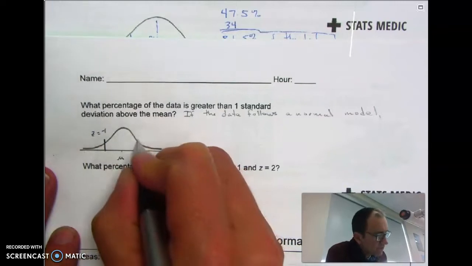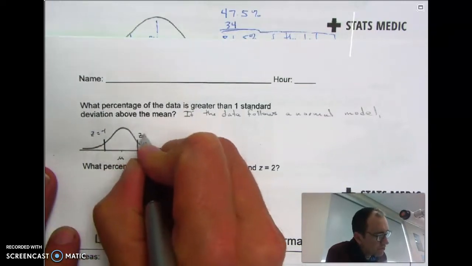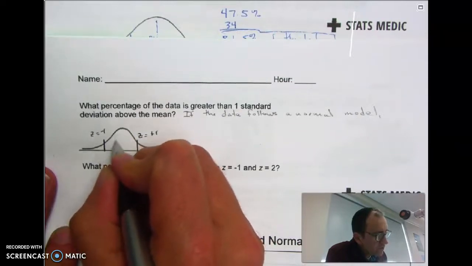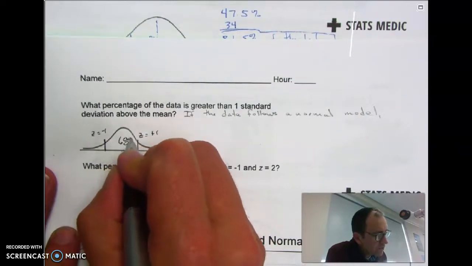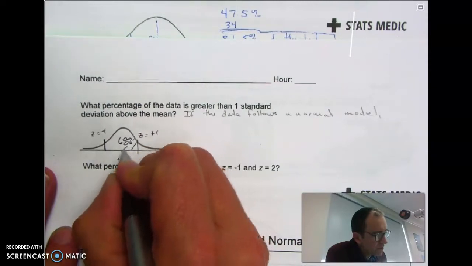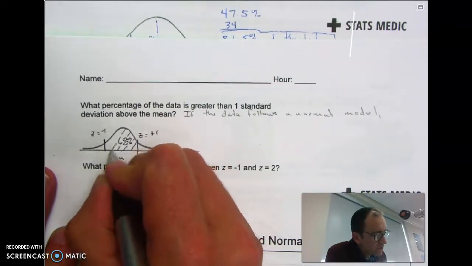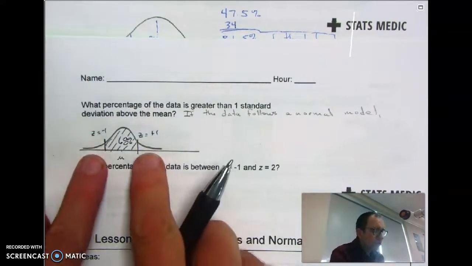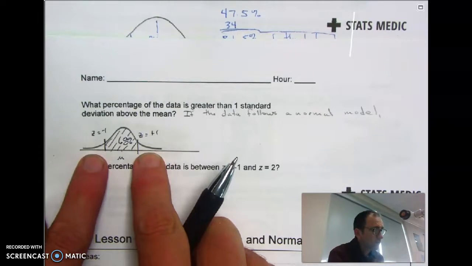And this is a z-score of positive 1, 1 standard deviation above the mean. Then we know that 68% of the data is going to be between those two values. 68% is going to be in this range right here. That means that we have 32% out in the two wings.